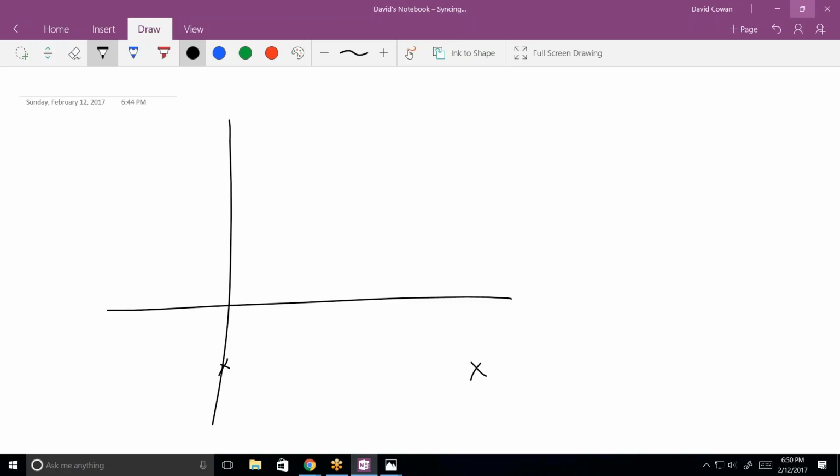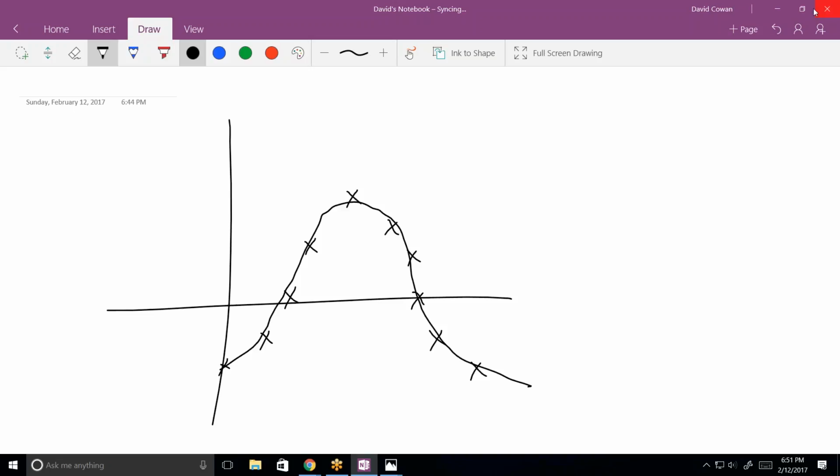Your July point is going to be there, and you're going to have points there, and there, and there. If you draw a scatter diagram, that's what it should look like. And then if you connect the dots, knowing that it should be a cosine curve, it looks like that. It's a negative cosine curve.